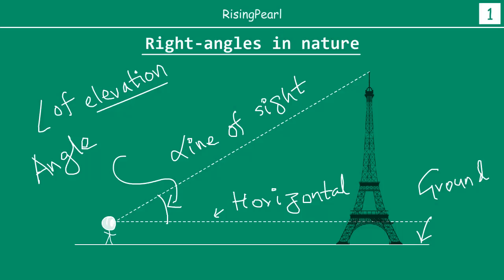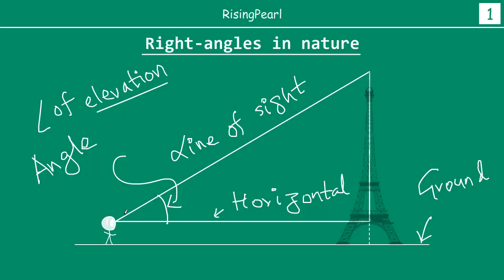Now imagine we can always think about a perpendicular line coming right from the top of the tower, through the middle of the tower to the bottom of the tower, right? If you imagine it this way, then we can clearly see a right triangle formed.